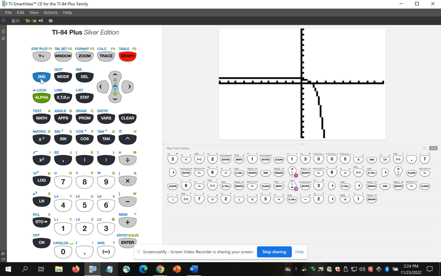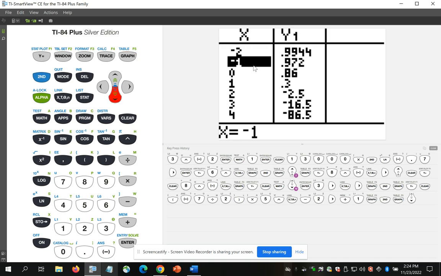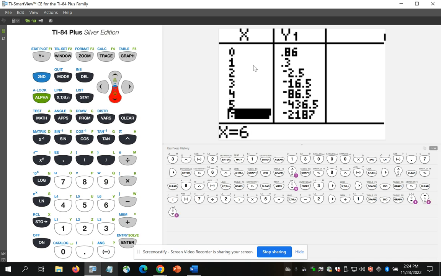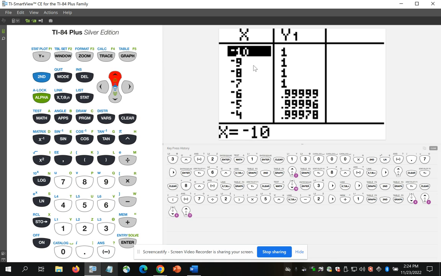Now, if you can't recognize that from the graph, look at the table. Okay, notice the numbers. You're getting really, really close to 1, and then it stays at 1. It never goes above 1.